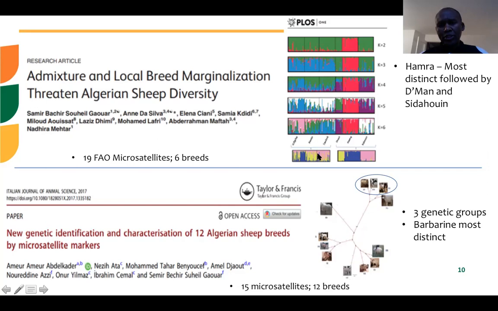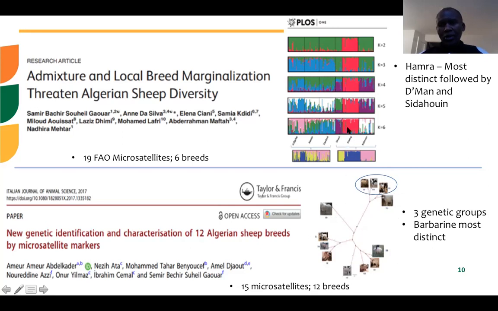However, when you contrast these 2 studies, we find some interesting findings in the sense that the Hamra, the Demon, and the Sidaun, which were found to be genetically distinct in the first study, were closely clustering together in one of the genetic clusters that was observed in the second study, suggesting close genetic relationships.